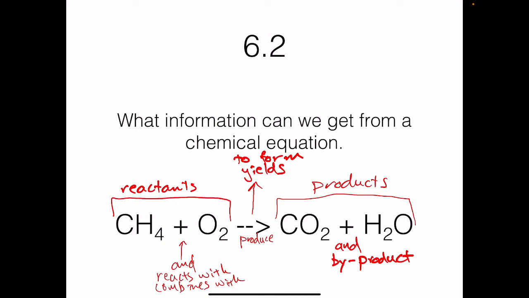So I could say CO2 and H2O are produced by the reaction of CH4 and O2, and that doesn't mean I'm going to write CO2 and H2O first, because I'm still using the word produced by in there. So I still have to make sure I'm putting them on the correct sides of this arrow. And the arrow, at least at this point, will always point from left to right.